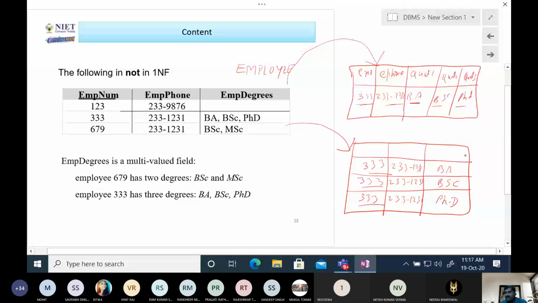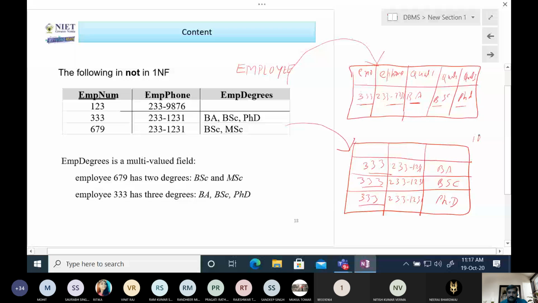But this is in the first normal form. This relation is also in first normal form. But this is not a good way of converting this unnormalized relation into a normalized relation. Did you get it?